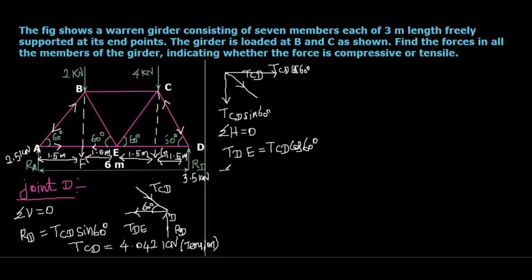From this we can calculate the value of TDE that equal to 2.021 kilonewton. And then here you can see from the point D, it is acting outwards. Then from point E also, it will act outwards.